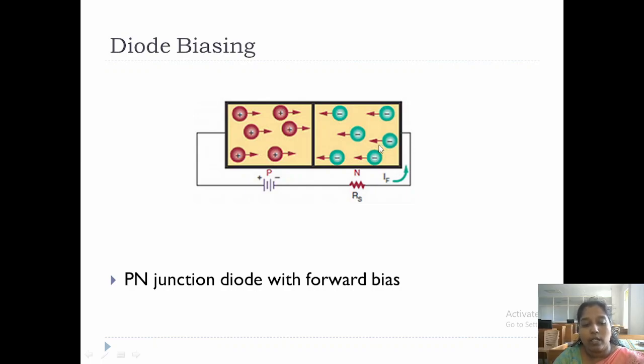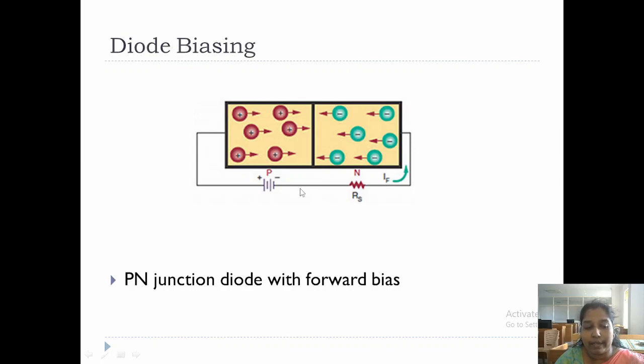Similarly, the holes will be pushed towards the depletion region, and once they enter the n side, they will get attracted towards the negative terminal of the battery. In this way we get a flow of current due to the movement of holes and electrons. As we increase the external applied voltage, more and more electrons and holes will be able to cross the depletion region, and due to that there will be a flow of current.